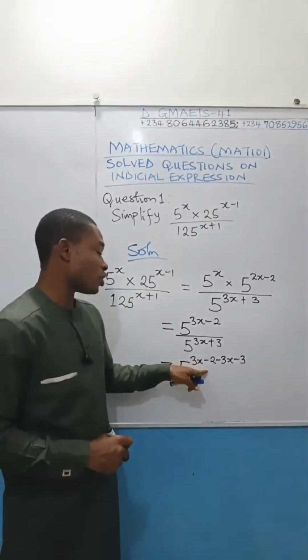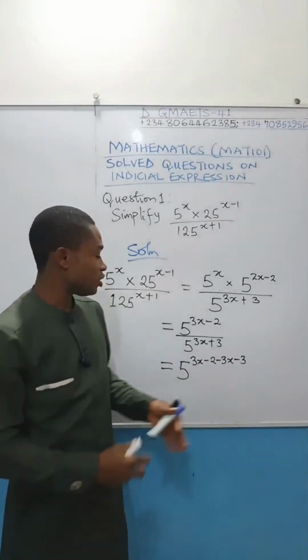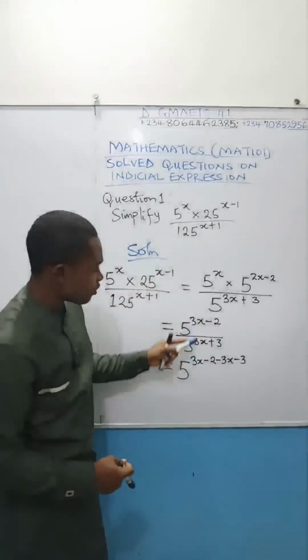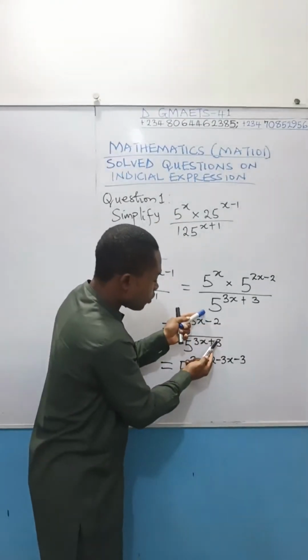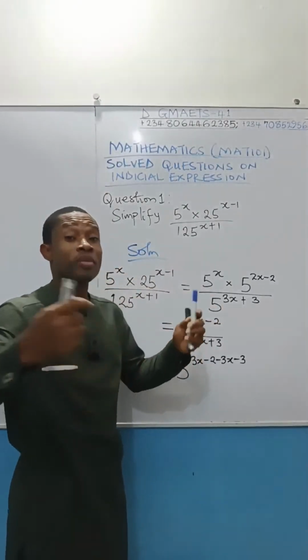And it's not compulsory to show this. One could have worked it using the network of his or her brain. 3x minus 3x, you get 0, it goes off. Minus 2, this plus 3, if it goes up, it becomes minus 3. So minus 2 minus 3 will give you minus 5.